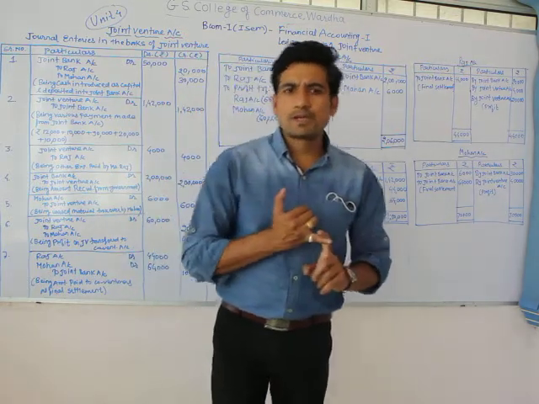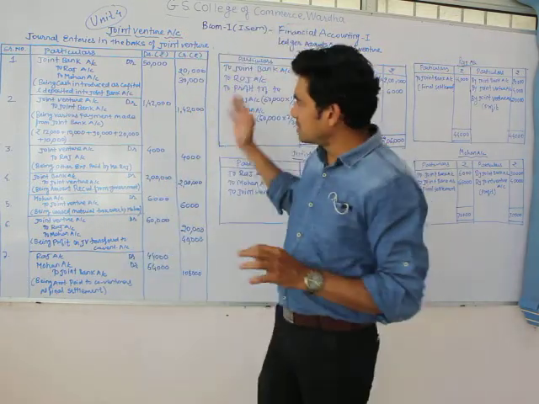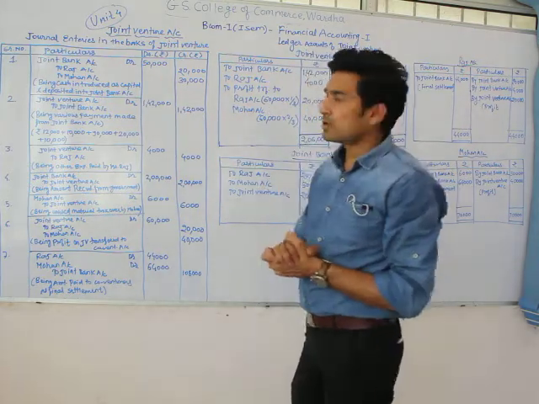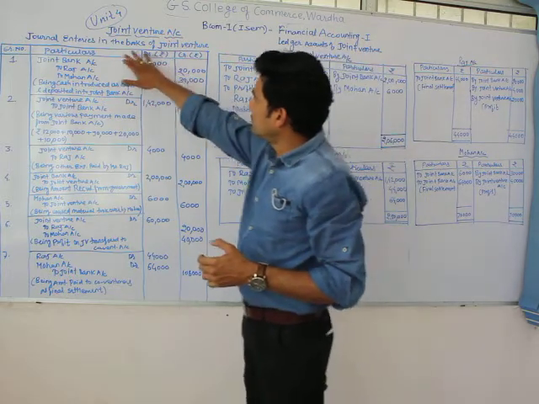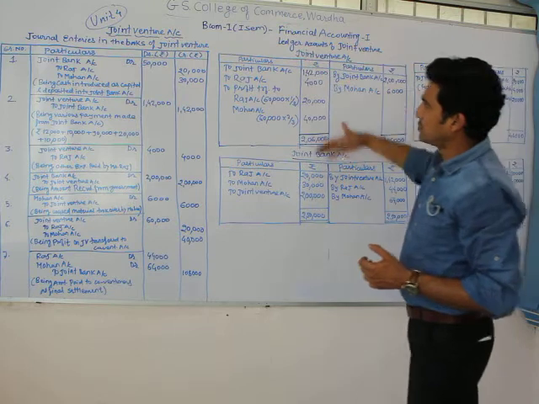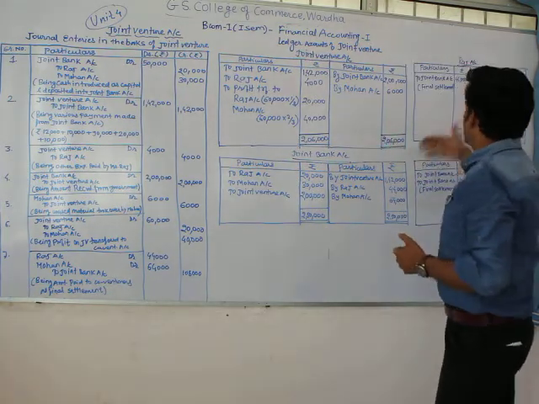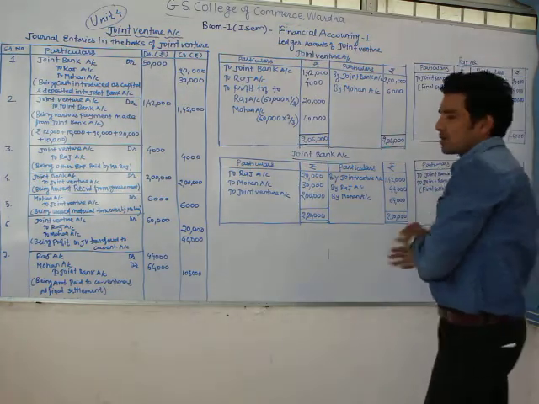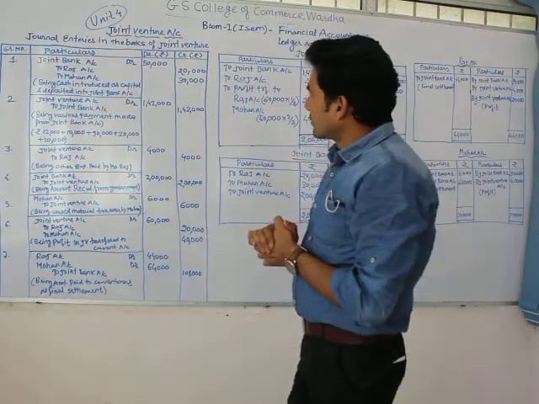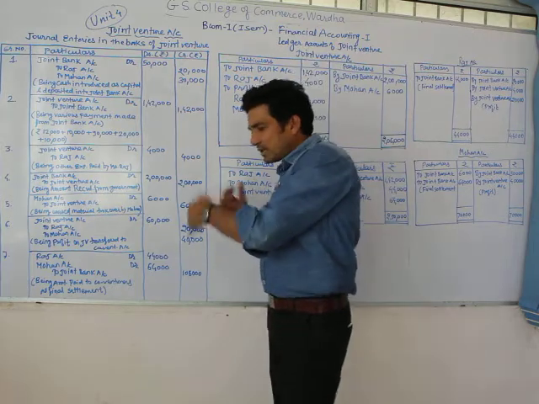The first thing which is very important: I already shared with you the pro forma of these accounts also. Look, when I'm writing here the joint venture account, then the joint bank account, then the co-venturer accounts, it means that this pro forma has already been shared.